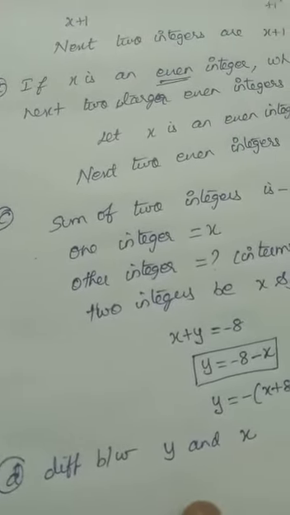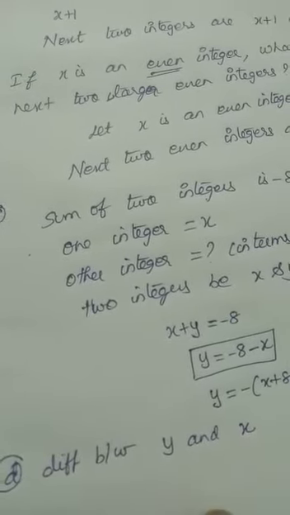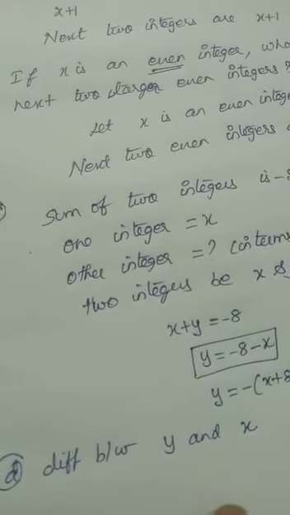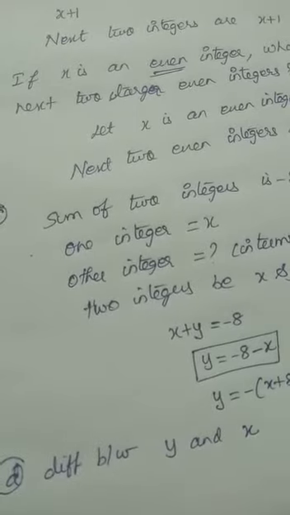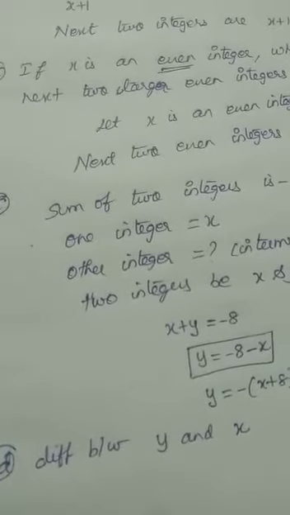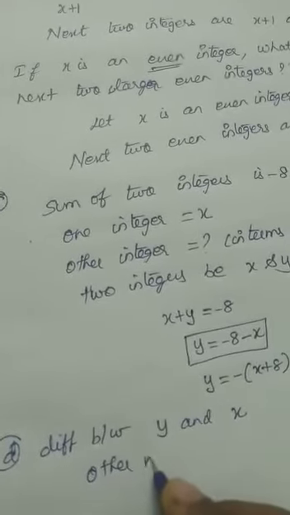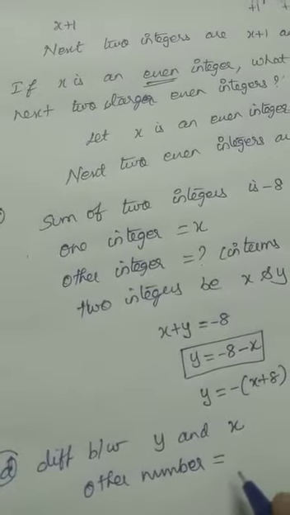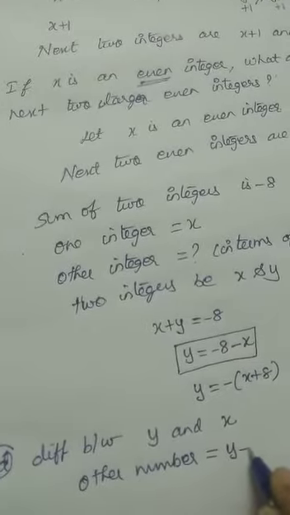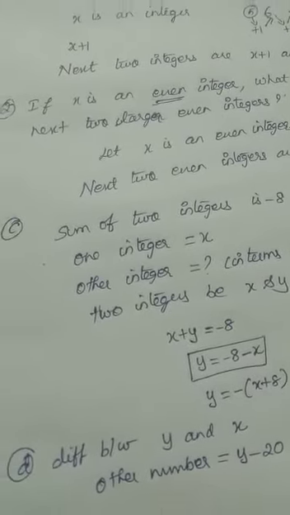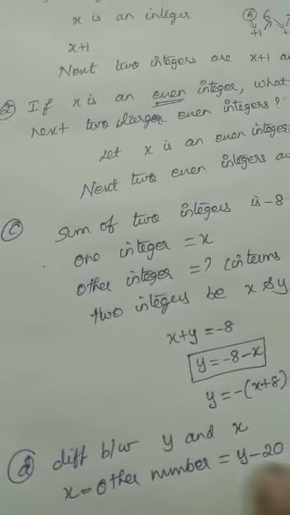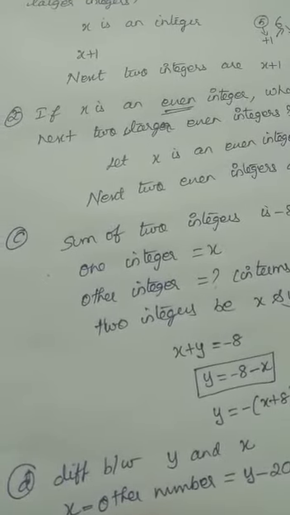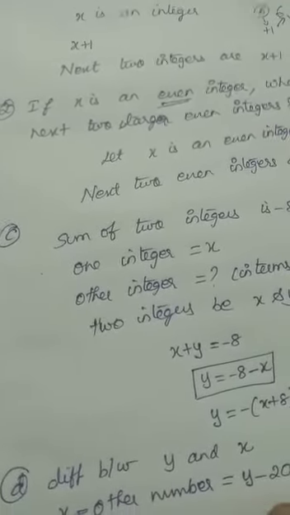So the difference between a number y and the other number is 20. So the other number can be written as the difference between y and 20, isn't it? So y minus 20. The other number is x, so x is equal to y minus 20. That's your answer.